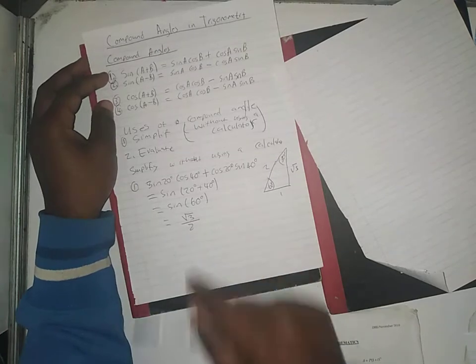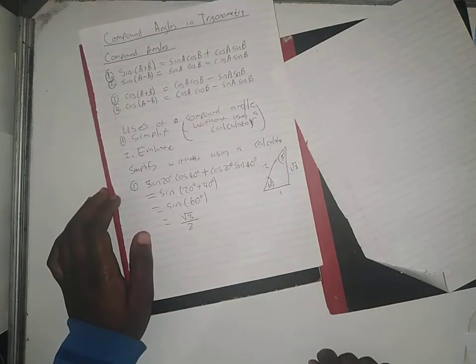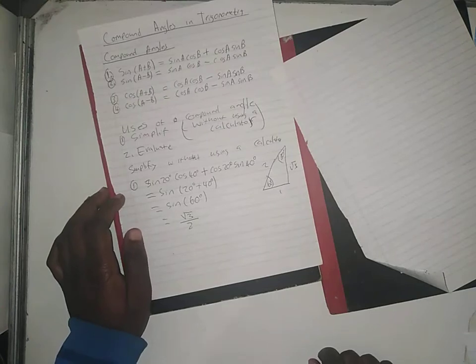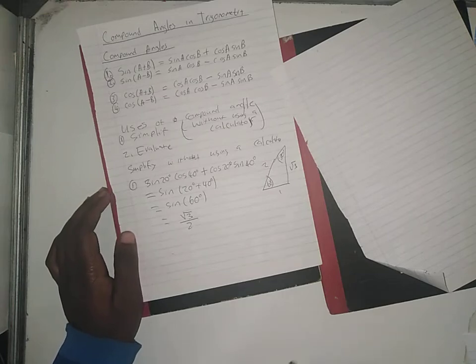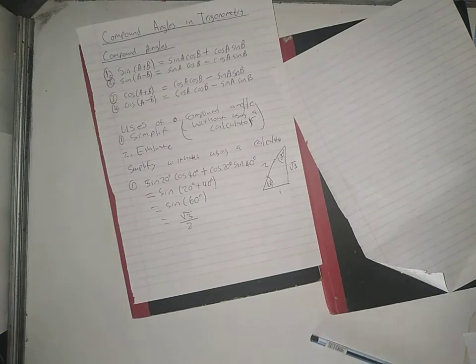So this is one of the cases where you use compound angles. When you've got a mess like this and you need to simplify it and make it look so simple, then you can apply these methods of compound angles and save the day.